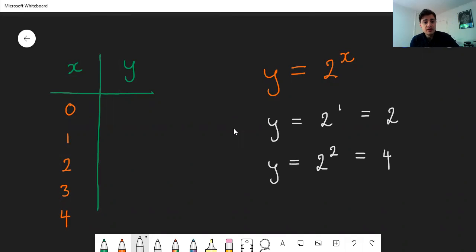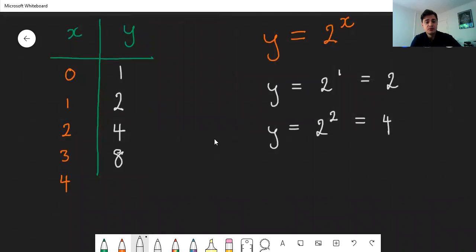So the first one, if x is equal to 0, we've got 2 to the power of 0. Anything to the power of 0 is equal to 1. And then the next number is 2, which we've already established. If x is equal to 2, our solution is 4. If x is equal to 3, our solution will be 8. You can check yourself.